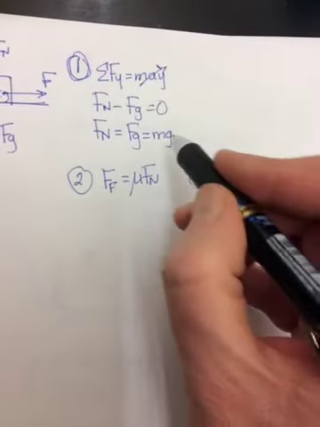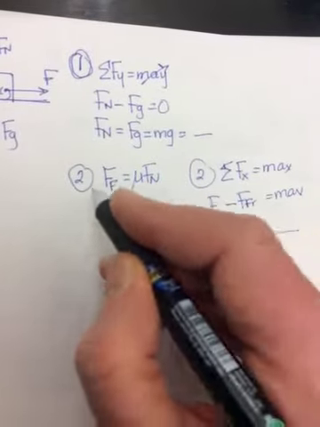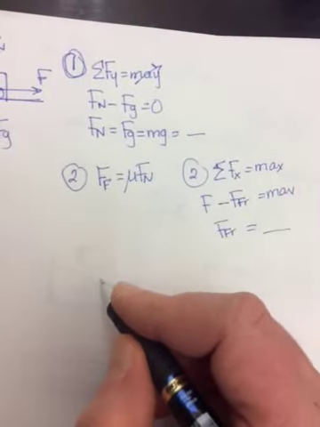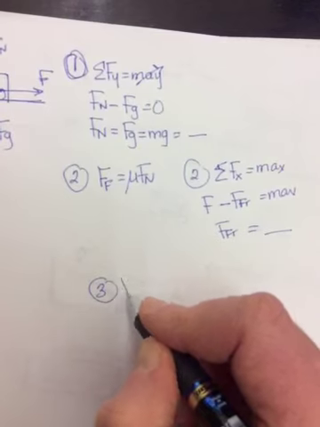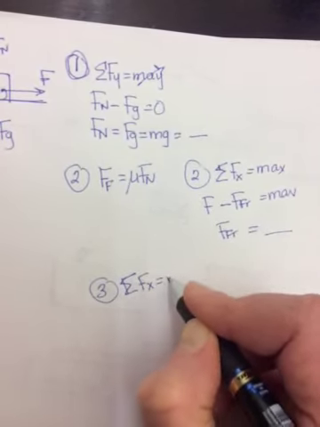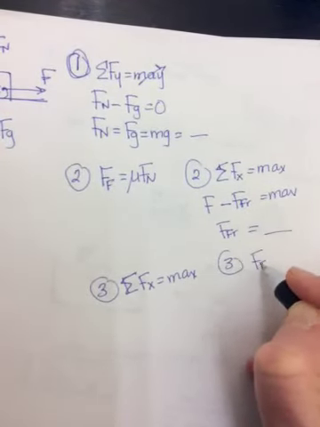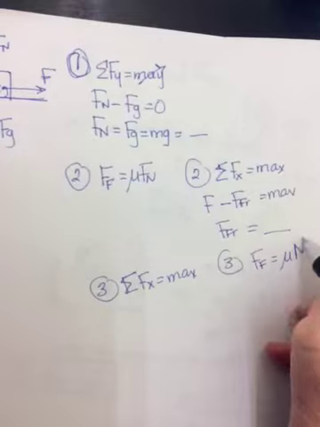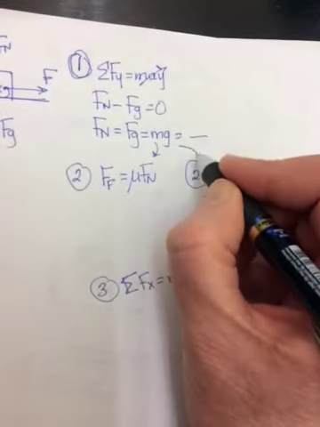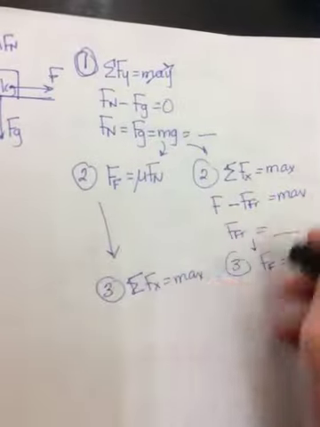Then once you get the value for friction and the value for the normal force, you would come back to friction equals mu Fn. So this third step, depending on which route you go, could be the sum of the forces in the x equals ma_x, or it could be friction equals mu Fn. Which route you go depends on what you were given in the problem.